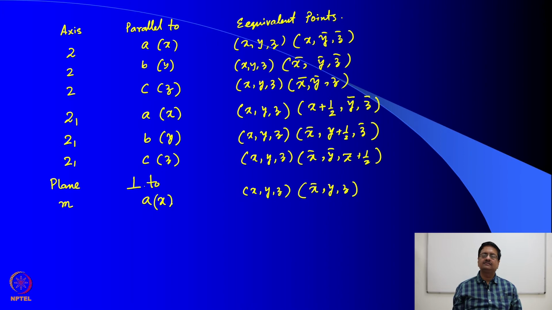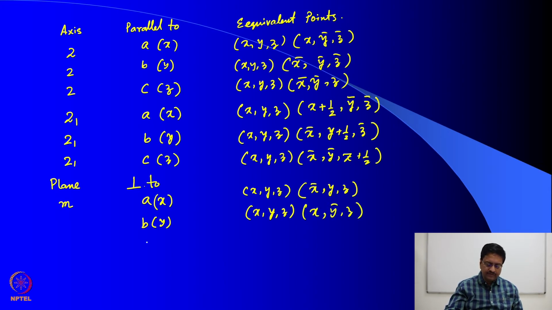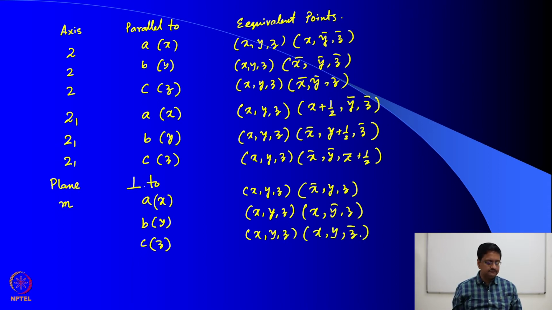As a result, x gets converted to x bar. So mirror perpendicular to B, that means y, would make x, y, z get converted to x, y bar, z, and mirror perpendicular to C, that is z-axis, will make x, y, z get converted to x, y, z bar.